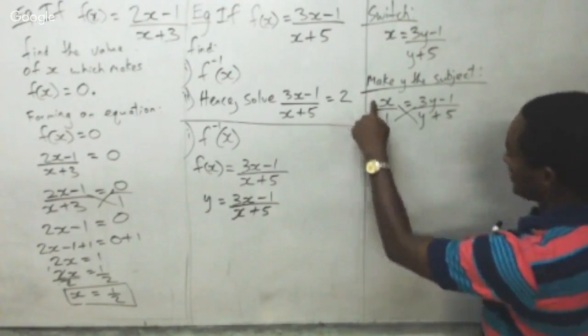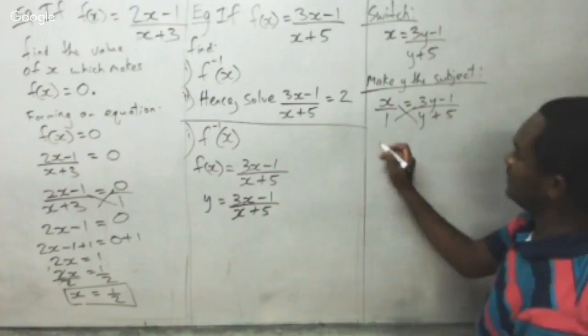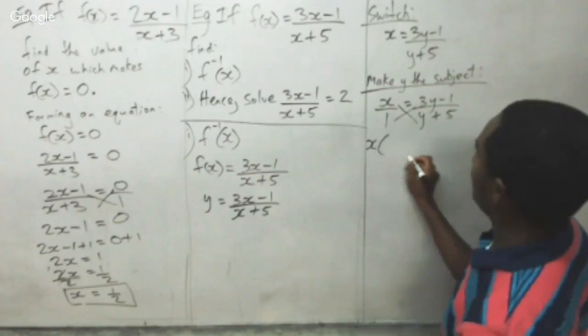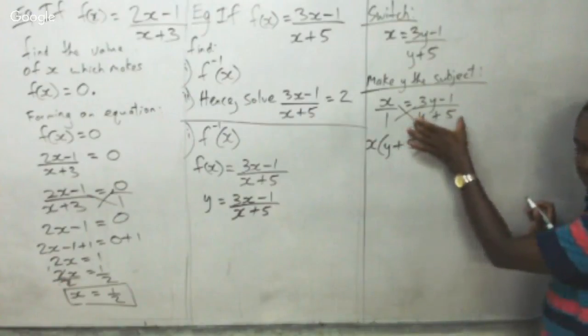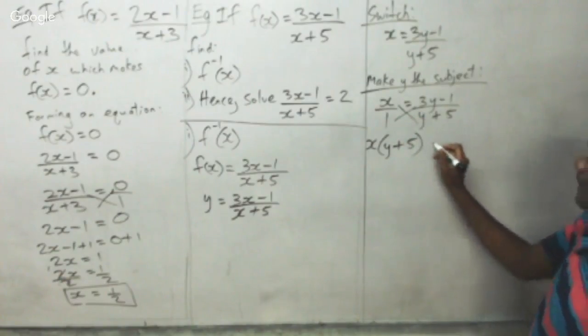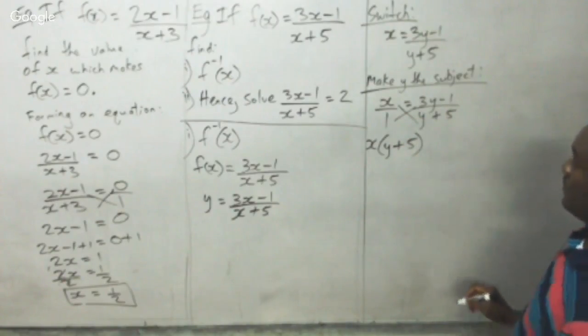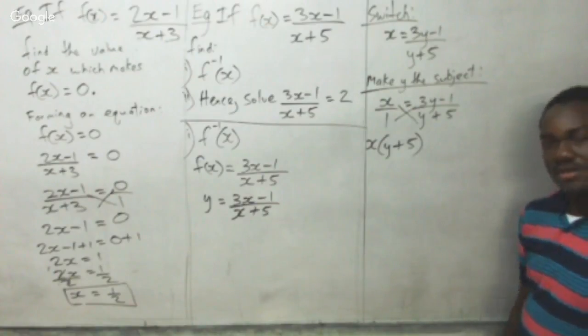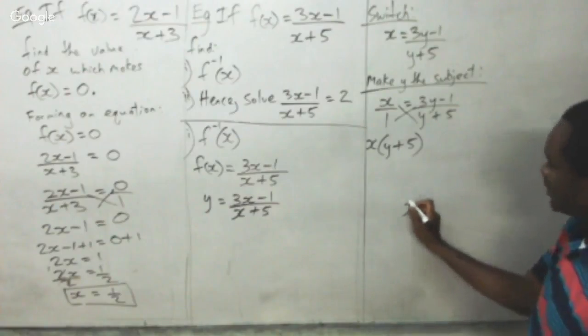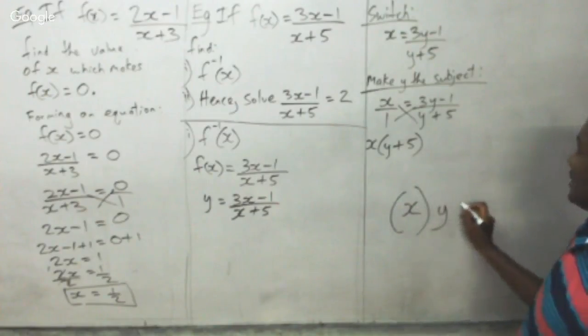So x times this. So what we're going to need is x, open bracket. Why are we using the open bracket? Because you have an expression with two terms. Does it matter if you bracket the x or the y plus 5? Let us look at it.